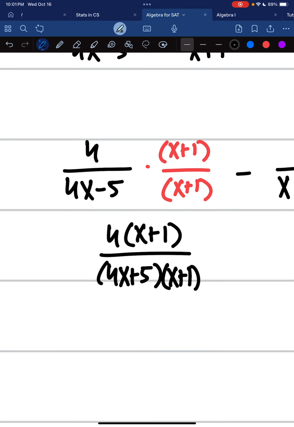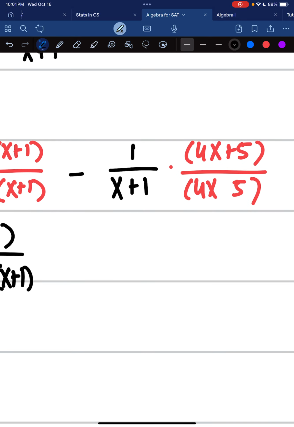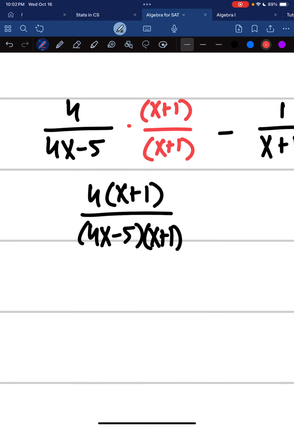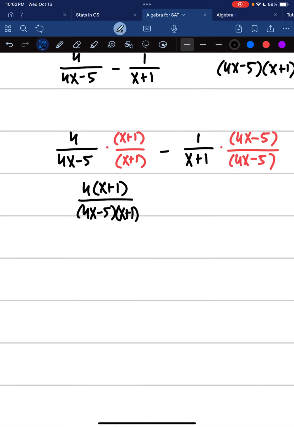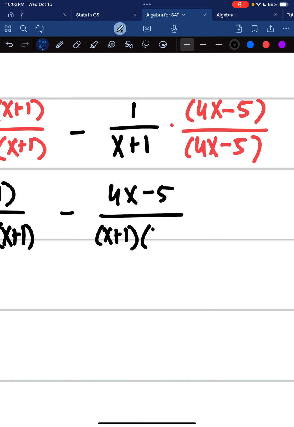It should be 4x minus 5. So yeah, this first fraction becomes this, and the second fraction is going to become 4x minus 5 over x plus 1 times 4x minus 5.